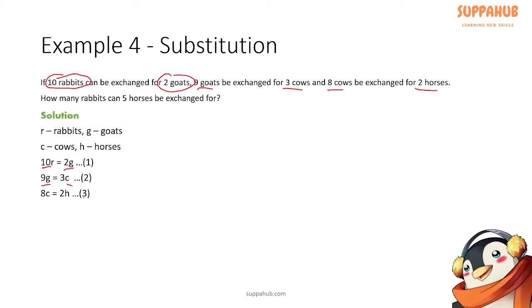What we want to know is how many rabbits 5 horses can be exchanged for. Down here you have 4 variables and 3 equations.